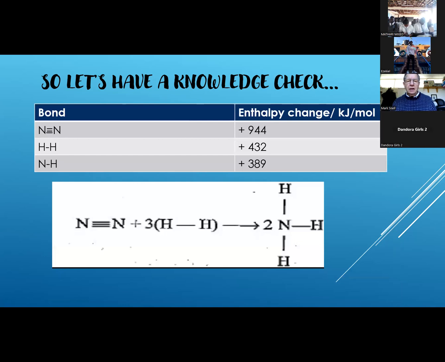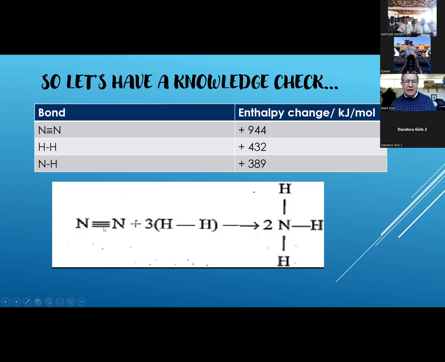And here is the other type of calculation in which we have to do bonds made and broken. We have to calculate the total number of bonds broken, which will add up to a positive number, and then all those which are negative, which are made.